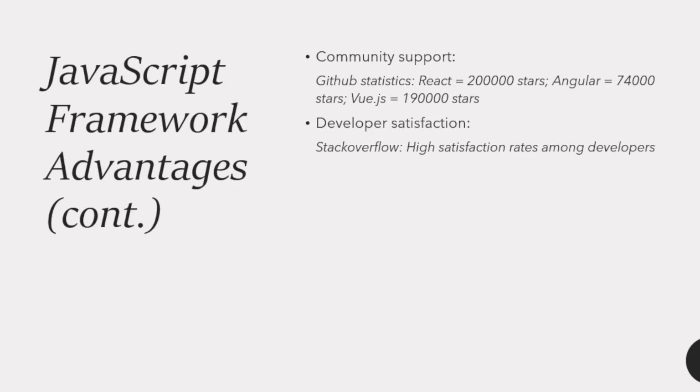A survey conducted by Stack Overflow indicates that developers using frameworks like React and Vue.js report high satisfaction rates, indicating that they're easy to use and effective tools for developing web apps.